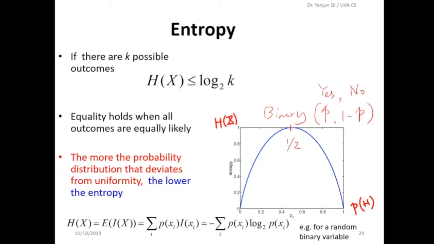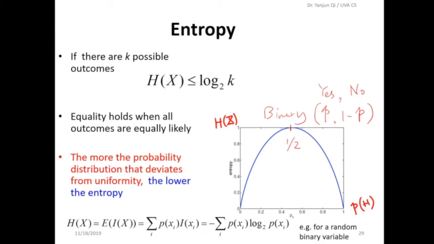So in fact, I want to look for those children nodes where entropy is extremely low. I want to look for those variables that can split my training samples and make the node extremely low in terms of entropy. That's the whole intuition behind information gain.